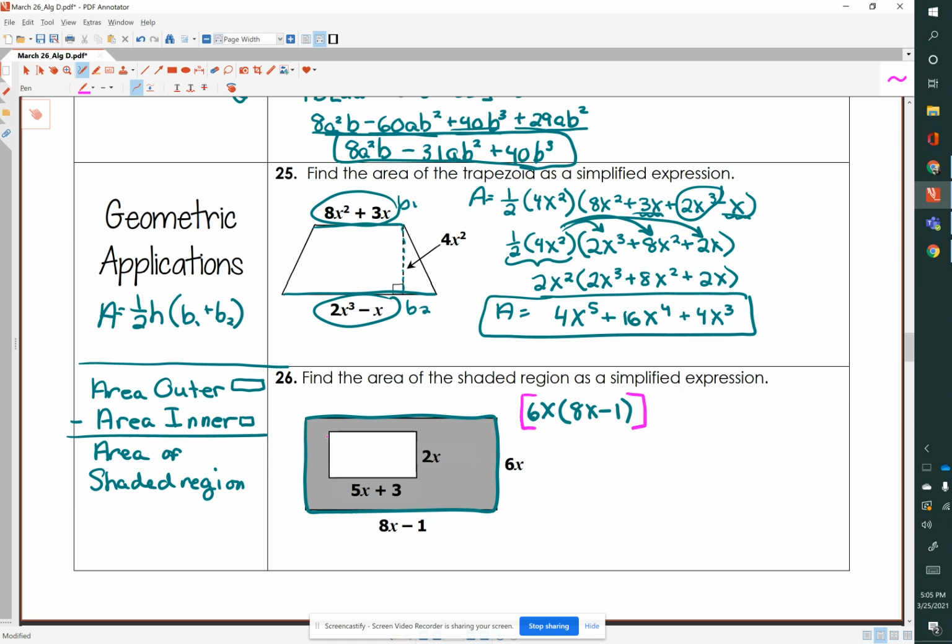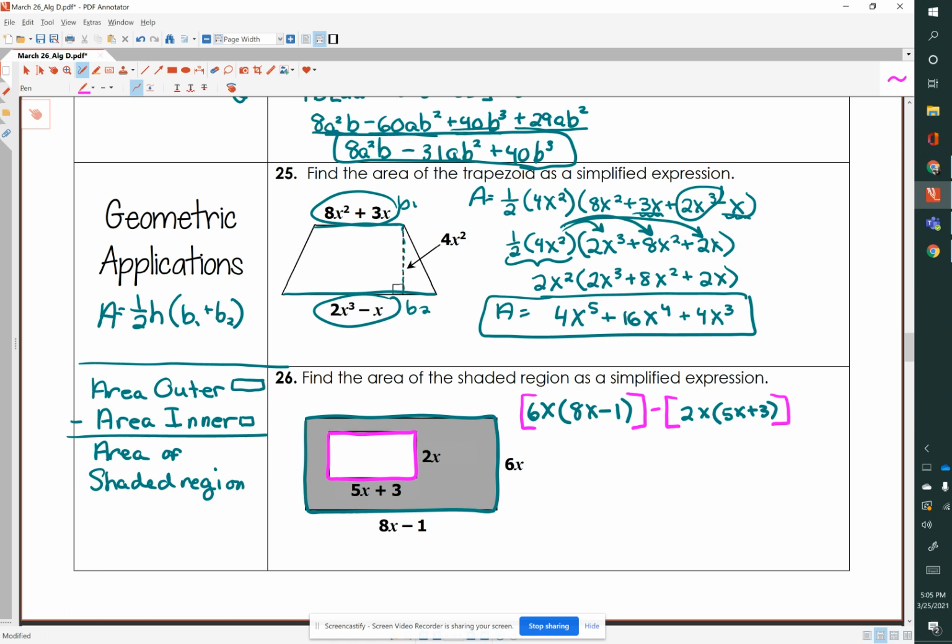Now, I have to get this smaller rectangle and subtract it. So I'm going to put that in brackets too. So the smaller rectangle is 2x, remember, length times width, 2x times 5x plus 3. So that's our problem. We're all set up and ready to get to work.